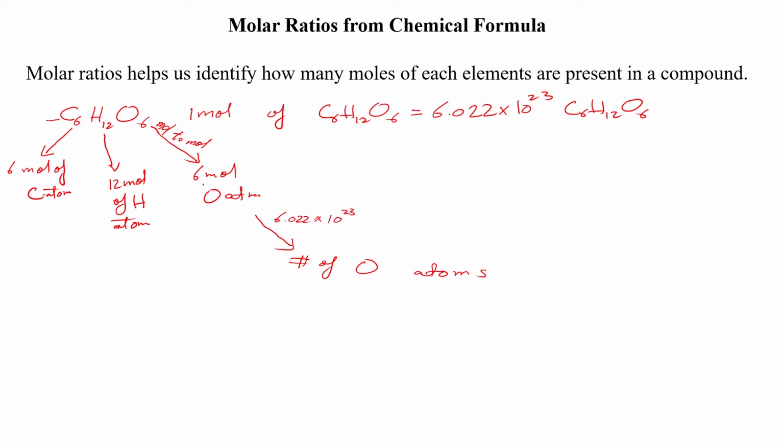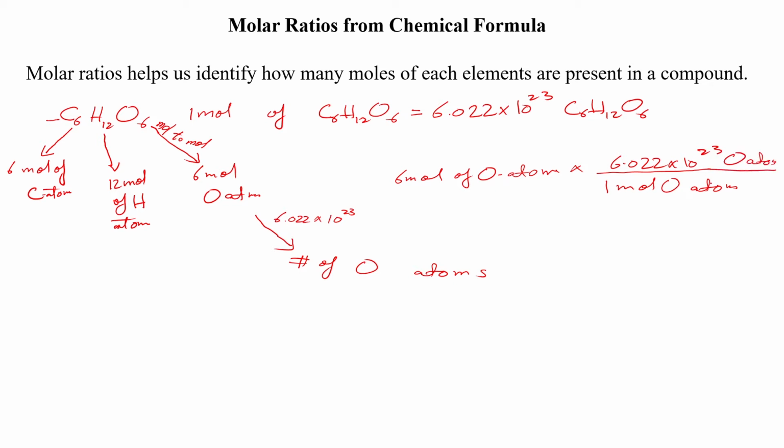Okay, so if you have to make a conversion between moles of oxygen atoms, here you have 6 moles of oxygen atoms, and the Avogadro's number mole ratio is 1 mole of oxygen atoms is 6.022 times 10 to the 23 oxygen atoms, right?